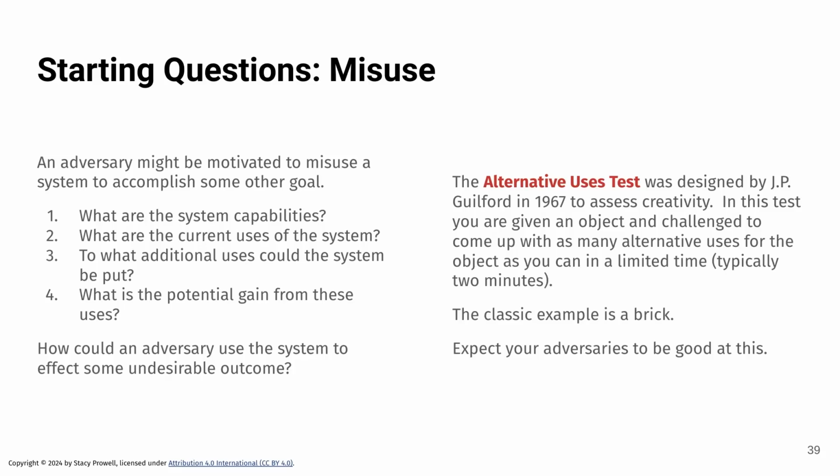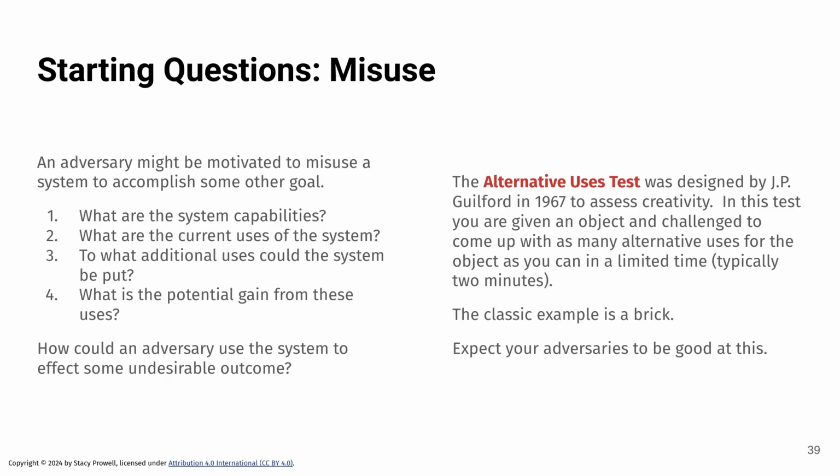We built a system to do X. Could it do other things as well? And that's a good thing to think about, whether you're threat modeling or not, right? What else could we do with this system? And is there a potential gain from these other uses? And that leads us to ask, how could an adversary use the system to affect an undesirable outcome?